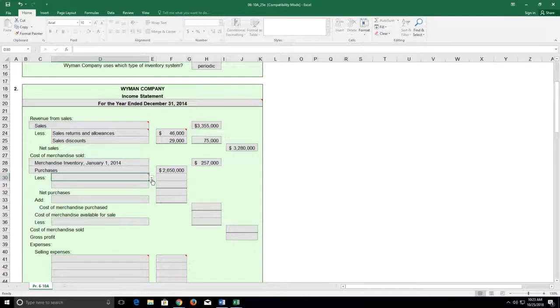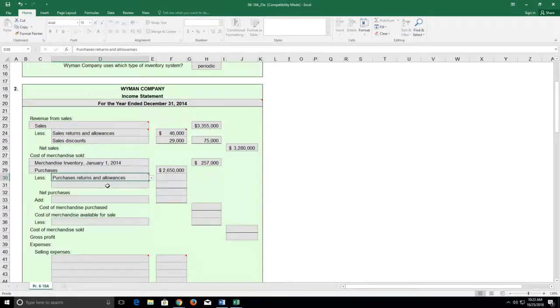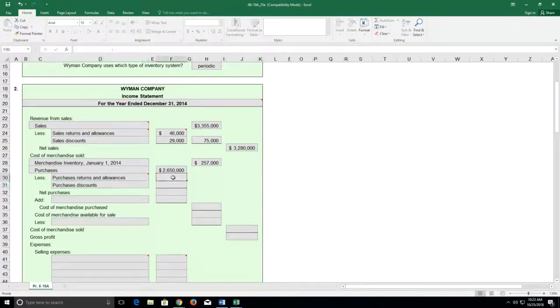Okay, so we had some returns of $93,000, and we had some discounts of $37,000. So our net purchases is going to be this minus this minus this.